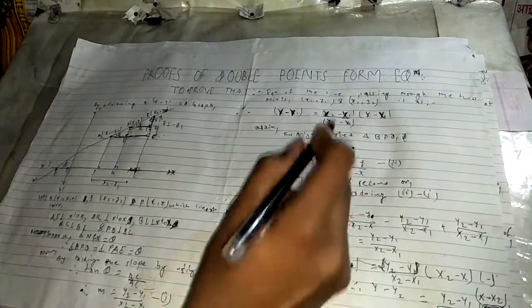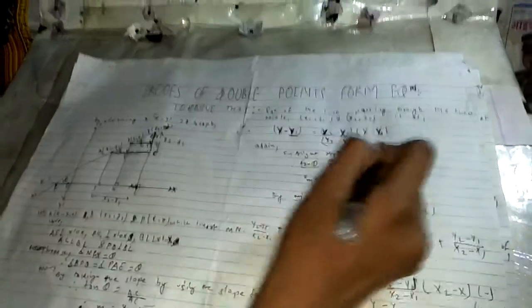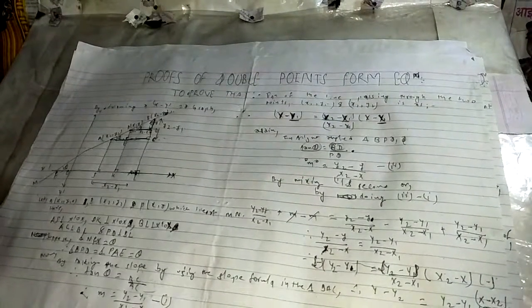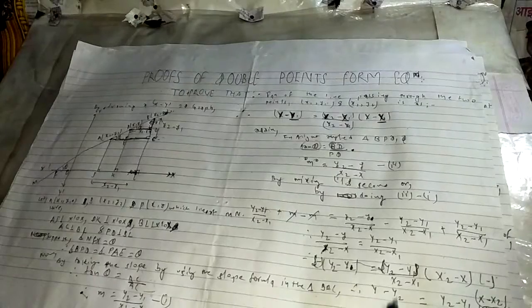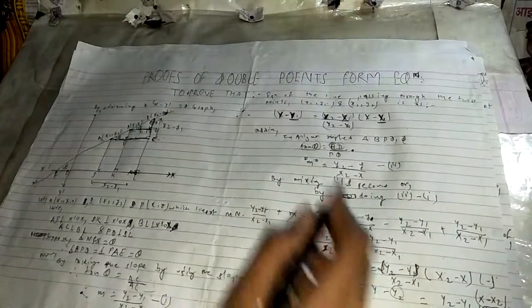This is the same as the equation, but here is a mistake: it is y1 and x1. We can replace y2, and no problem comes if we change it by y1.